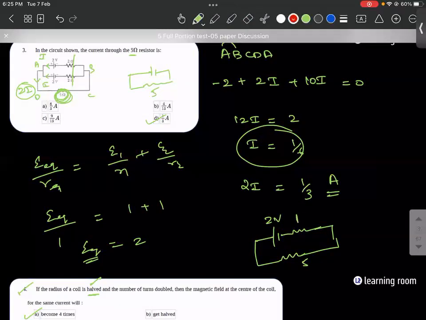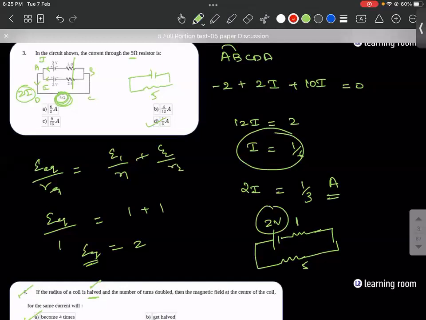Total resistance is 1. Correct. The 2 volt is not connected across 5, it is connected across 6. So I is equal to V by R, 2 by 6, so 1 by 3 will come. Oh sir, V equals E minus IR, sir. That one can also be done. V is equal to E minus IR can be done. But it is by doing this that you get Kirchhoff's law. Okay, got it?